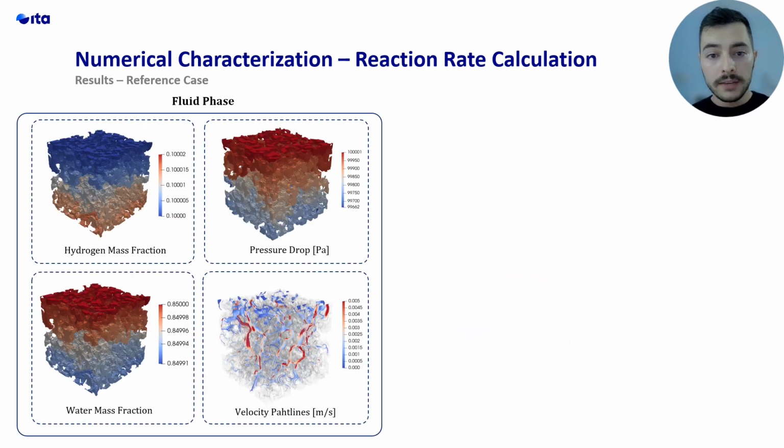The images on the left show, for example, the results of the fluid phase, where you can see the hydrogen and the water mass fraction. In this case, as we are simulating this electrode in electrolysis mode, the hydrogen is being produced and the water is being consumed. You can also see, for example, the pressure drop along the electrode and the velocity path lines.